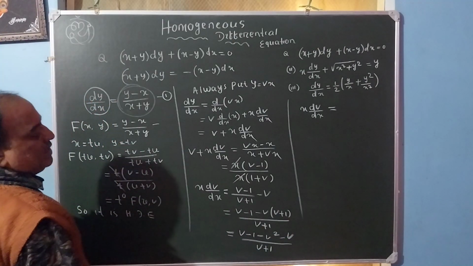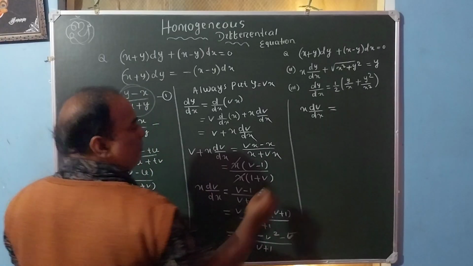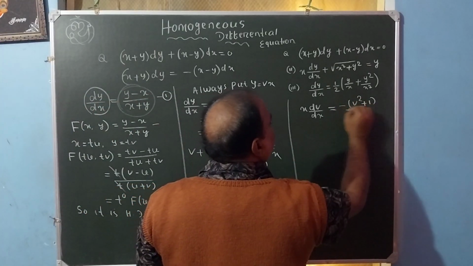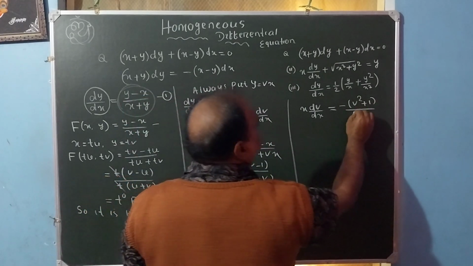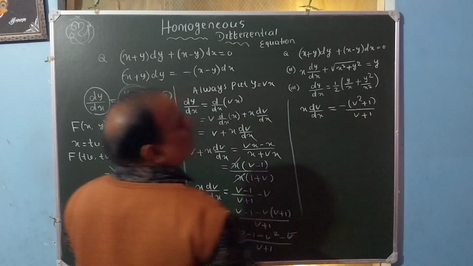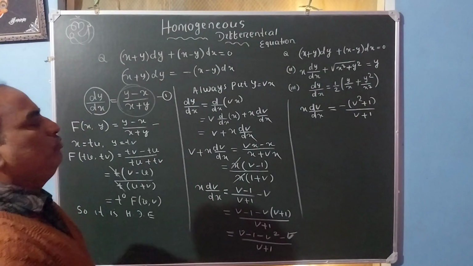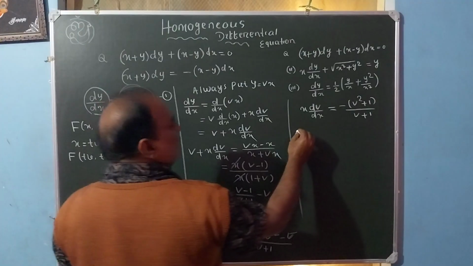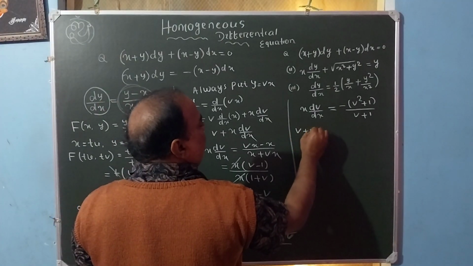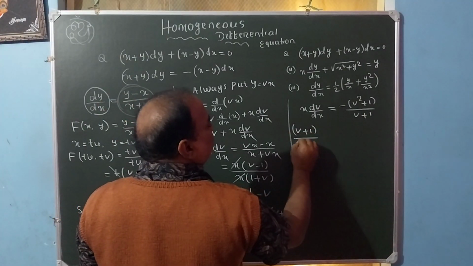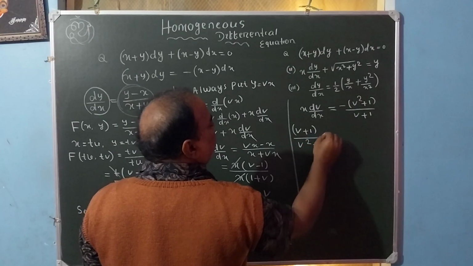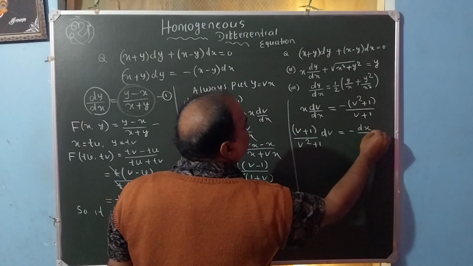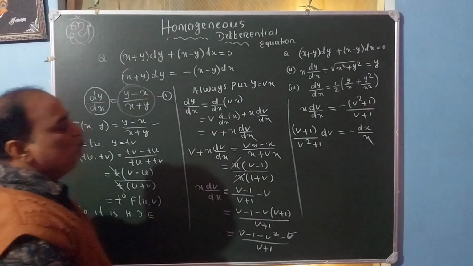So we get -(v square + 1)/(v + 1). Now separating the variables, we get (v + 1)/(v square + 1) dv = -dx/x.